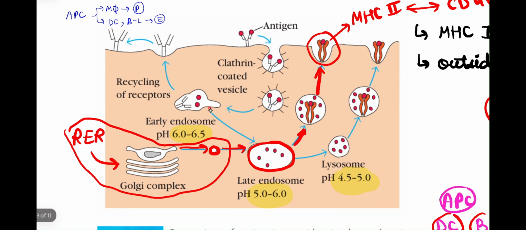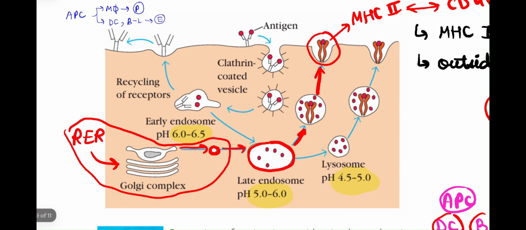For that, the increasing acidic conditions will suffice for the work of the proteasome, because as the acidic conditions increase, the peptides cannot be stabilized and hence they denature as well as break down into smaller pieces. So the early endosome will now transit into the late endosome and then finally into the lysosome. During this time the pH will be decreasing continuously so that the antigen degrades into smaller peptides.